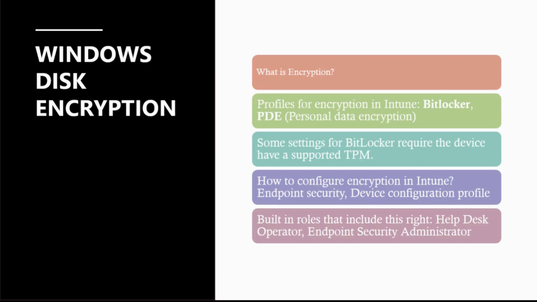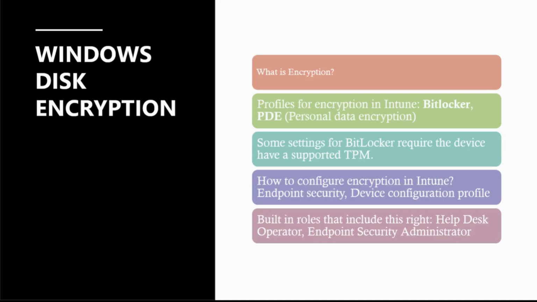In Microsoft Intune, we have two kinds of profiles for encryption. One is BitLocker, the other is PDE, which is personal data encryption. What exactly can this BitLocker profile do? With the BitLocker profile, we can encrypt the whole volume.